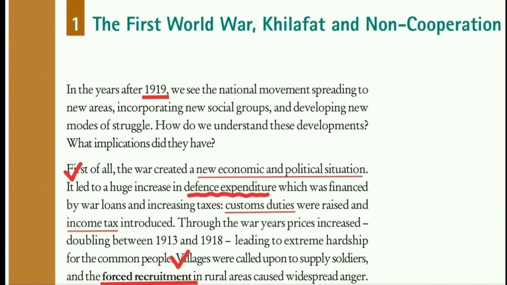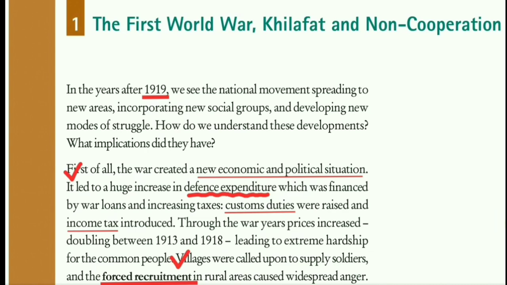Britain was participating in the war, not India. And since India was ruled by the Britishers at that time, whatever the Britishers needed from us, they took it and utilized it in their war in the European countries where the war was going on.